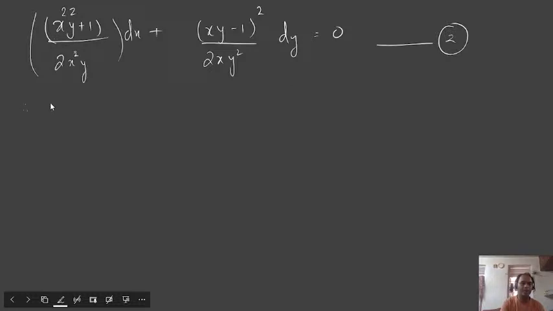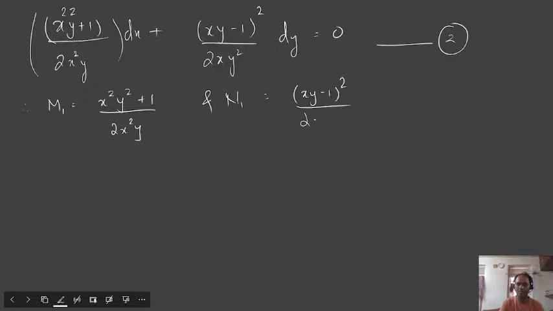So M1 is (x square y square plus 1) over 2x square y here, and N1 is (xy minus 1) the whole square over 2xy square.